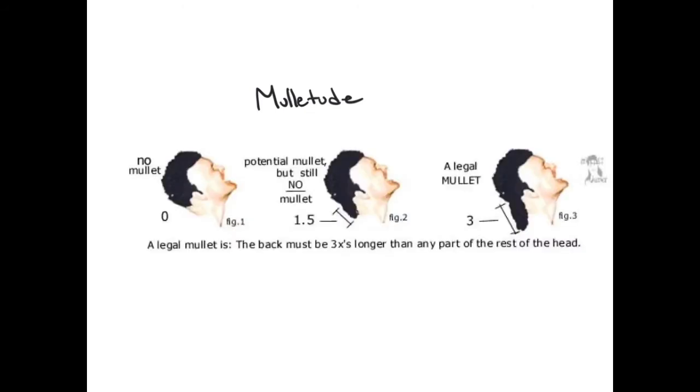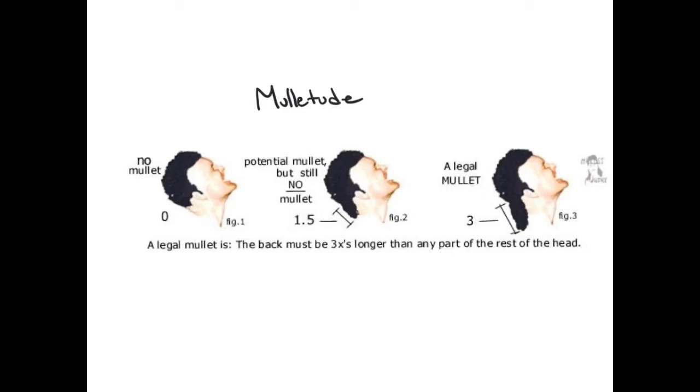Now, the topic of mulletude has become somewhat controversial as of late, and I'll show you how with a picture. Using the formula that we are going to be using today, someone has measured some hairstyles, and it is their argument that in order for a hairstyle to be considered a true mullet, the mulletude of that hairstyle must be at least 3.